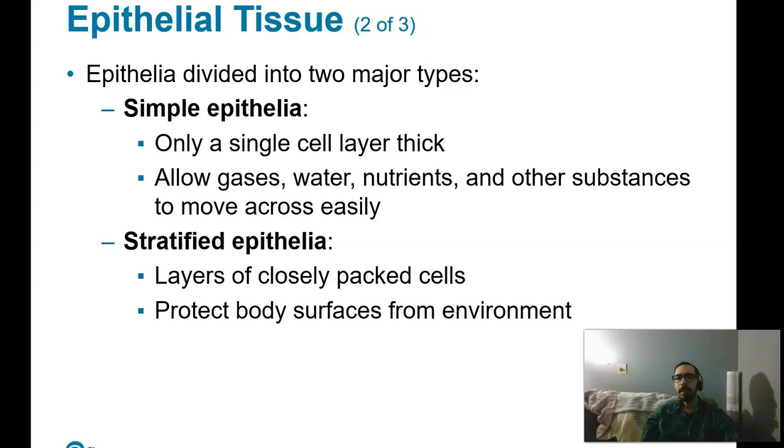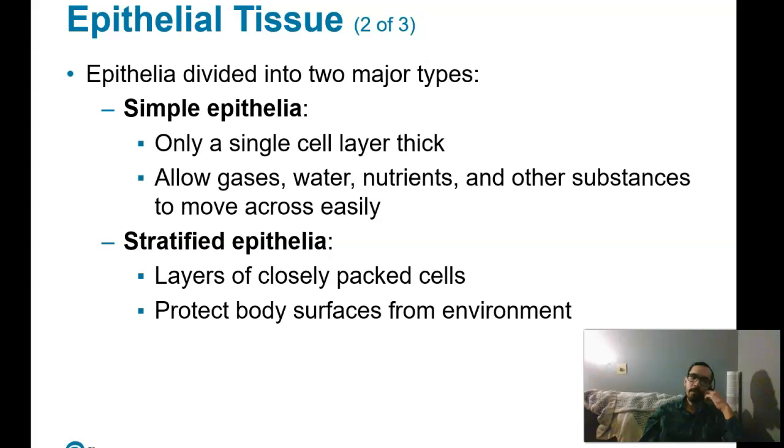Then we can also see that the epithelia is divided into two major types. There's simple epithelia, which is made up of a single layer of cells, and this allows for gases, nutrients, and other substances to move across easily through things like diffusion. Then we have stratified epithelia, where the layers are closely packed and you see multiple layers of cells.